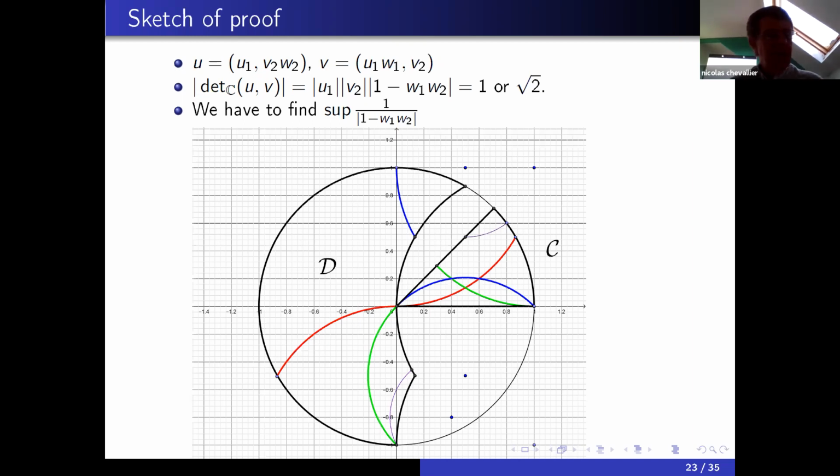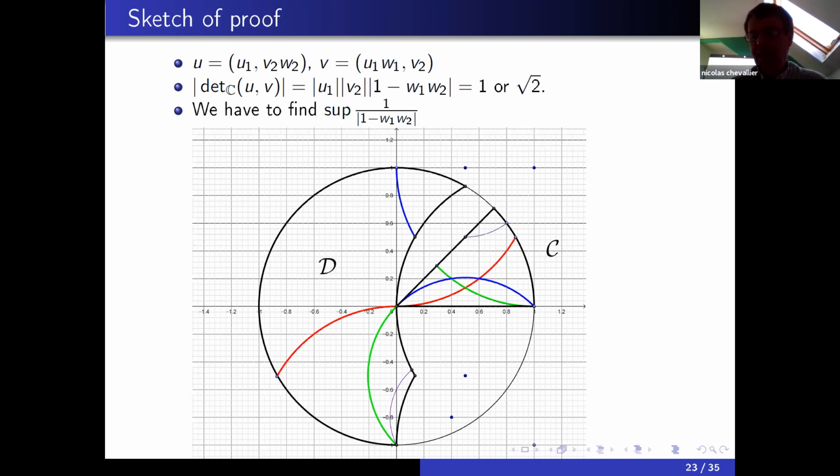So if you take some lattice which is close to the lattice defined by U and V, this means that a slightly smaller cylinder contains no point of the new lattice. And this is an open condition. And so the trajectory under the diagonal flow must cross this open condition infinitely many times.